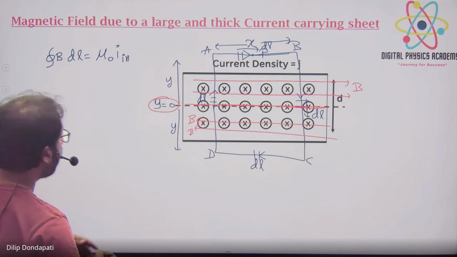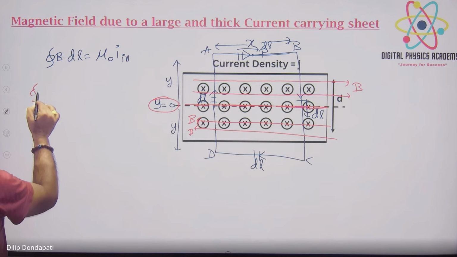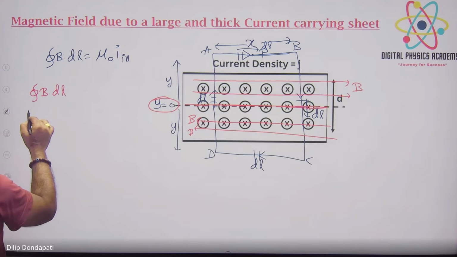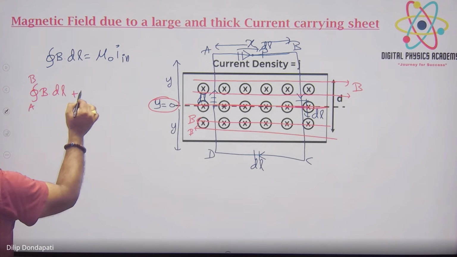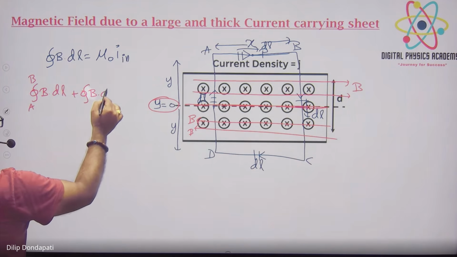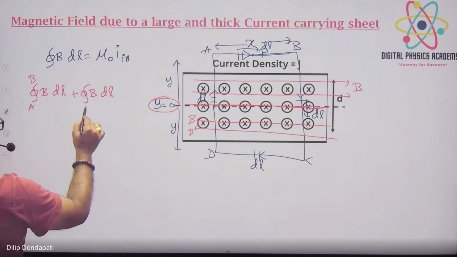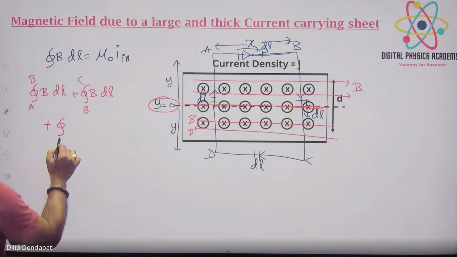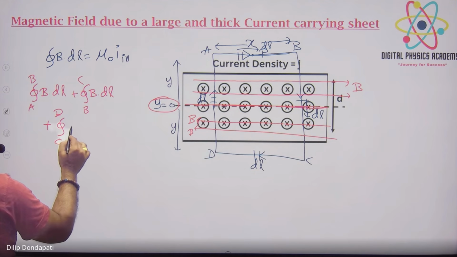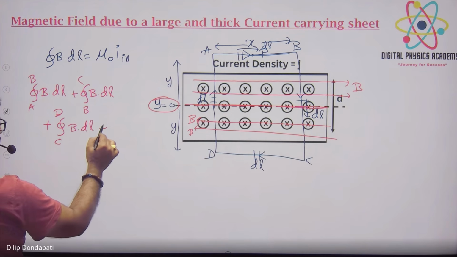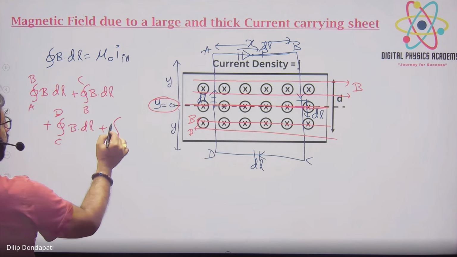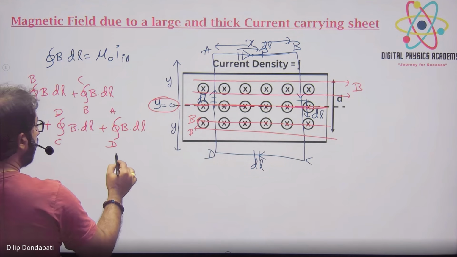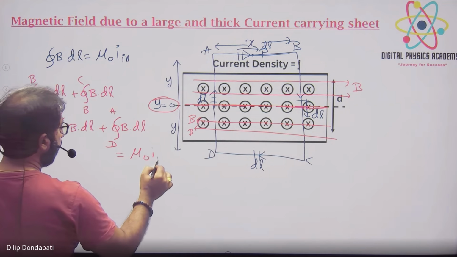Now apply. Closed integral B dot dl is the integral from A to B plus the integral from B to C plus the integral from C to D plus the integral from D to A, equal to mu naught times I inside.